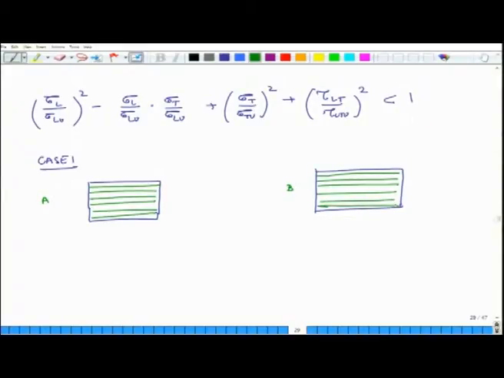So, in both cases fibers are oriented in the 0 direction.